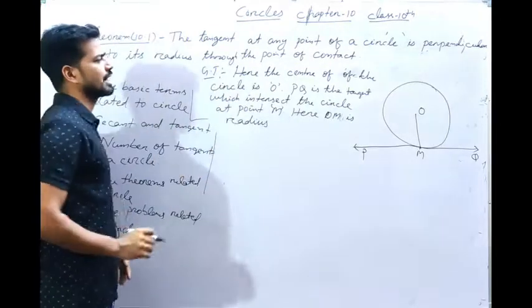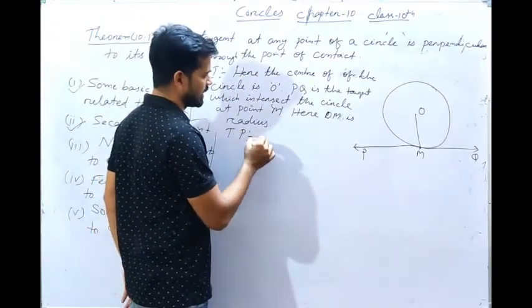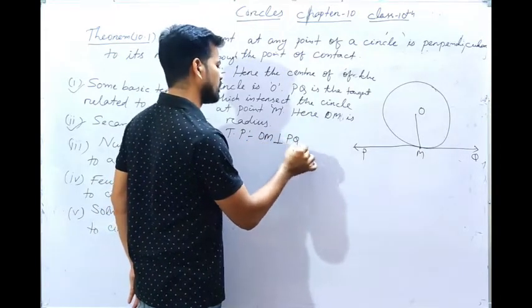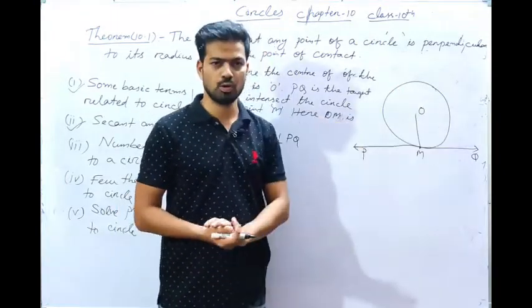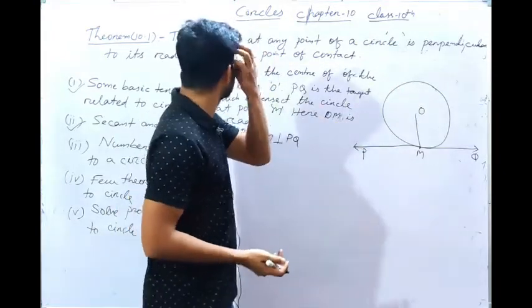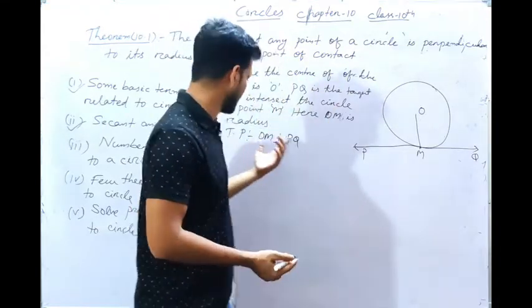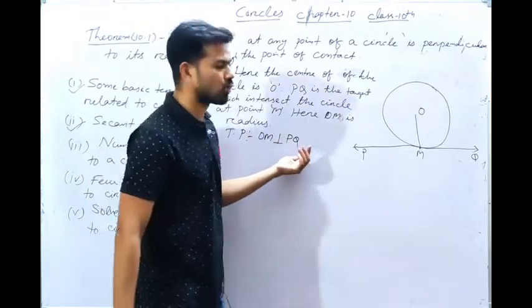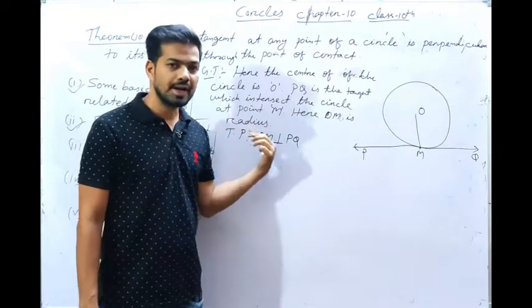Now what we have to prove? We have to prove that OM is perpendicular to PQ. It means this radius is perpendicular to PQ. You can say that, sir, here it is written that the tangent is perpendicular, but obviously if the radius is perpendicular to the tangent, then the tangent is also perpendicular to the radius.